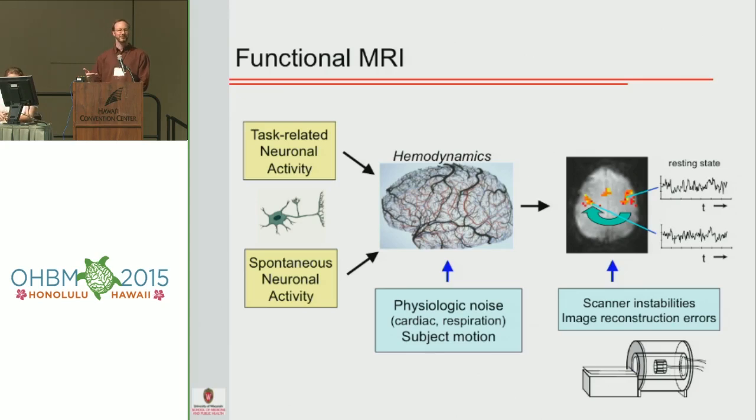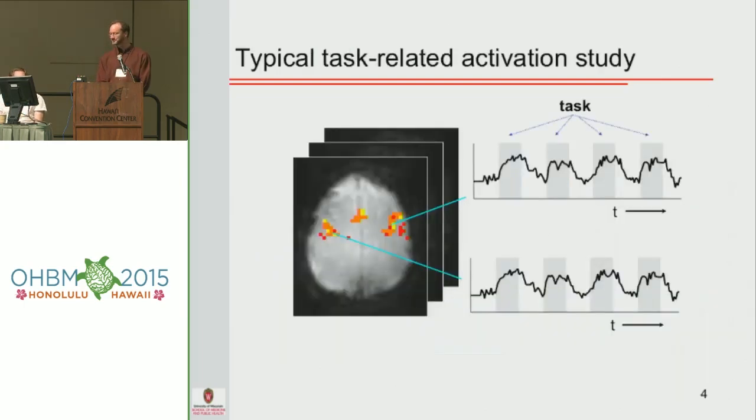The problem we face in both task fMRI and resting functional connectivity is that we're influenced by various sources of noise. There could be scanner instabilities and image reconstruction errors, and hopefully those have been taken care of by your MR physicist. But then we have other sources like physiological noise and subject motion, and I'll get into the physiological noise aspect a little bit more.